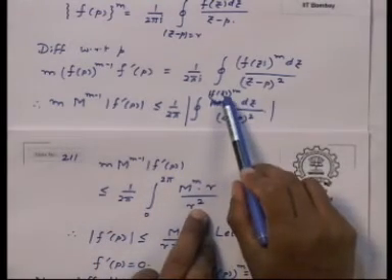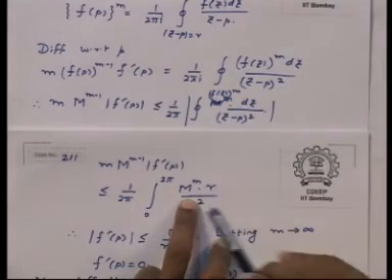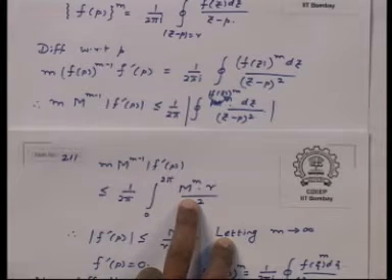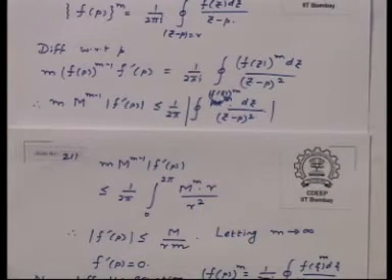Remember that mod f(z) is less than or equal to mod f(p), and mod f(p) is M, right? And then dz is i r e to the power i t dt. Taking the modulus, the i is gone. z minus p is r e to the power i t.